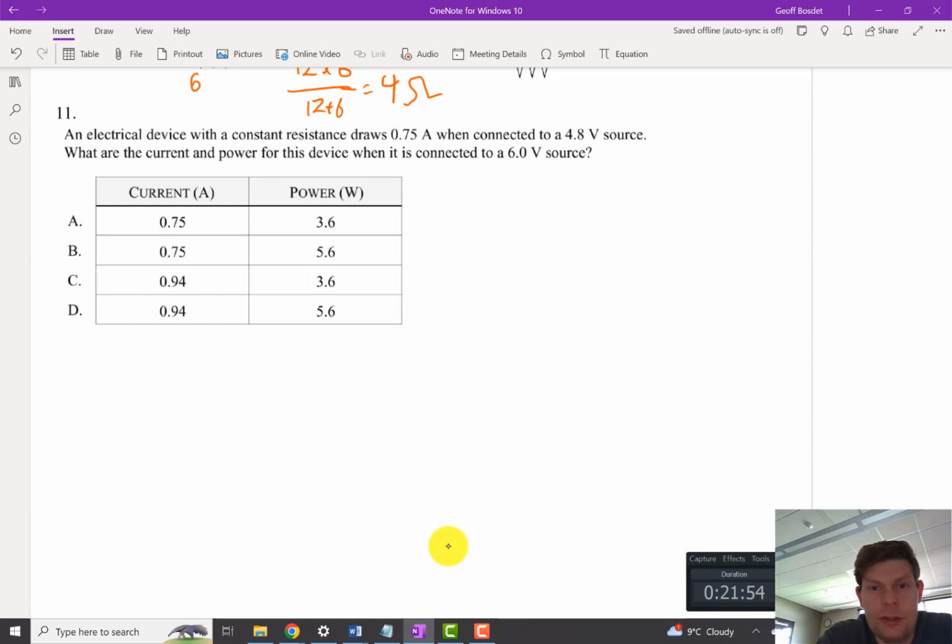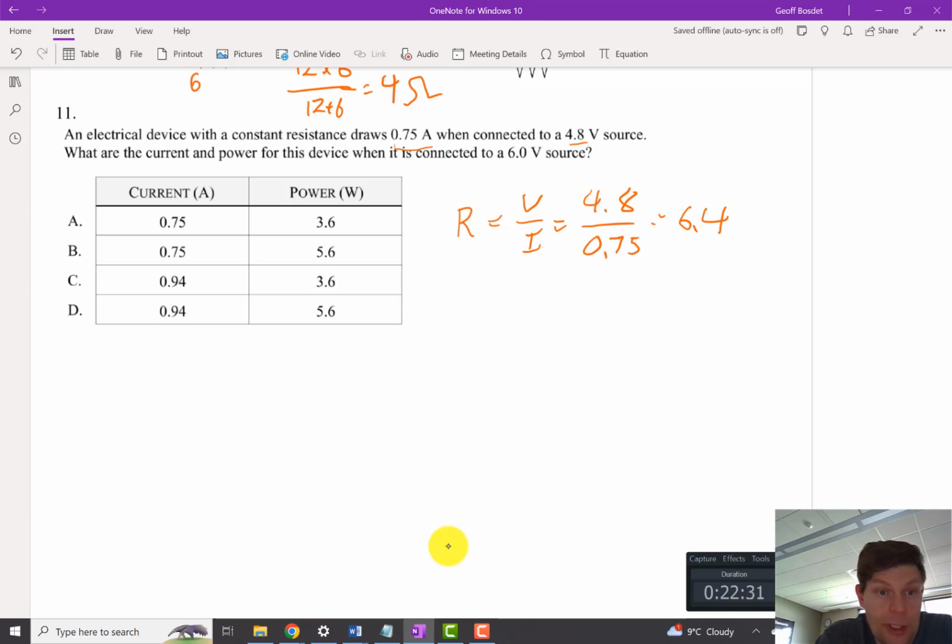We know the voltage and the current, so resistance is V divided by I. So it's 4.8 divided by 0.75, which is times 4 divided by 3. So I think that would be 6.4 as the resistance.